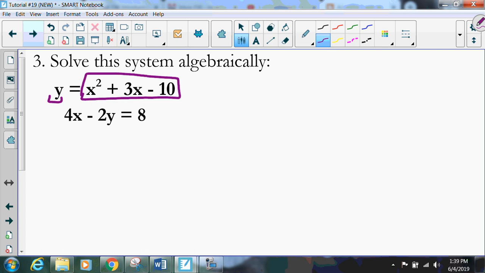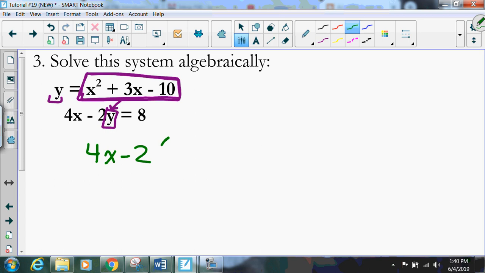And so this first equation tells us that y is equal to all of this stuff, which means that in the second equation, when we see y, we're going to substitute in all of that stuff for y. And in that way, we're merging the two equations to see where they have an overlap, right? Where their solution is. So we're going to rewrite the second equation, 4x minus 2.